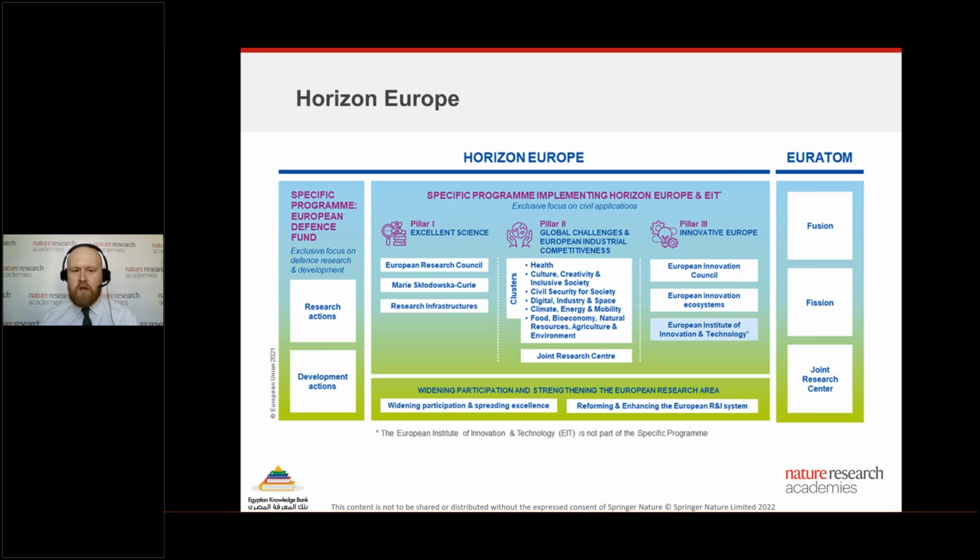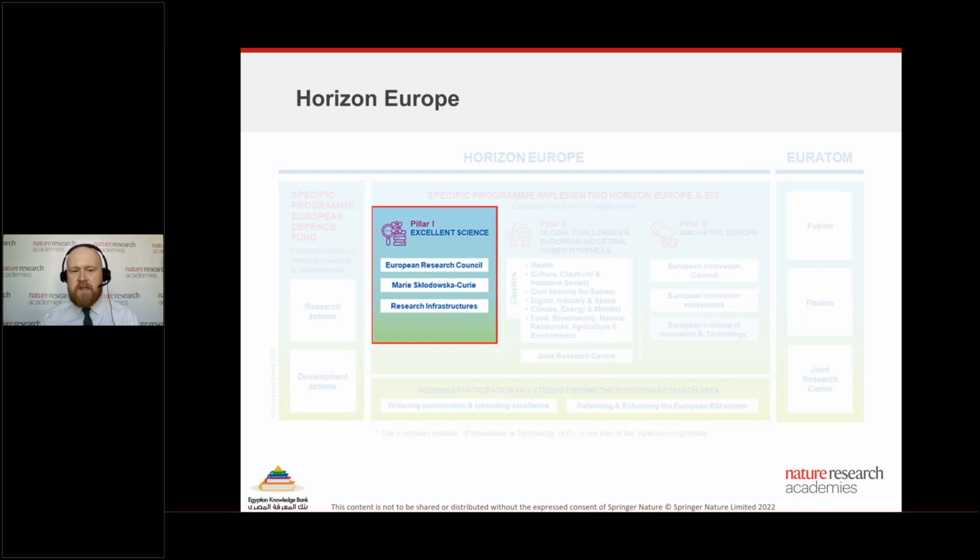As we can see, we have three pillars. Pillar 1, excellent science. Pillar 2, global challenges and European industrial competitiveness. And Pillar 3, innovative Europe. So I did want to highlight Pillar 1 to you to start with.